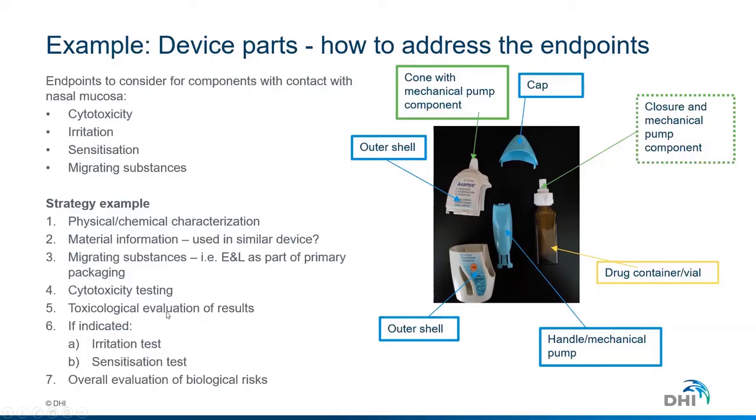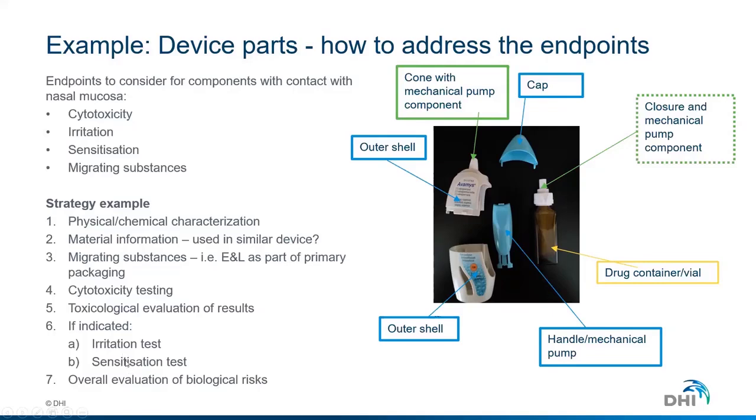So are there any signs that these components release substances that are cytotoxic? If not, that may give a good indication that these polymer materials are quite stable and do not give off substances. And then they will not be irritating, then they will not be sensitizing. Then you may be able to omit and justify that you omit irritation test and sensitization test.